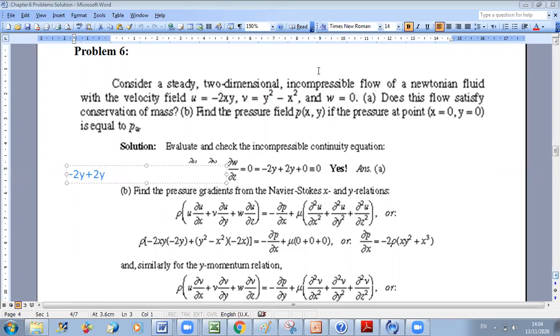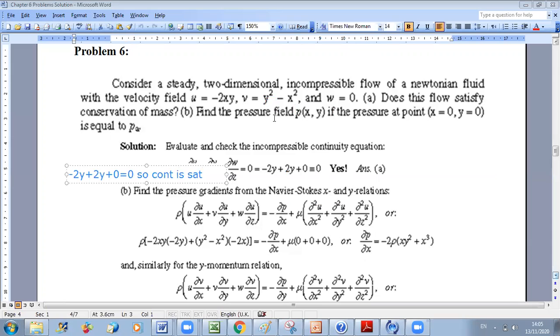And finally, w is 0, so del w by del z is 0 already. So plus 0, and I can verify that this will give me 0. So the continuity equation is satisfied. This is my first step: I verified that I have conservation of mass.